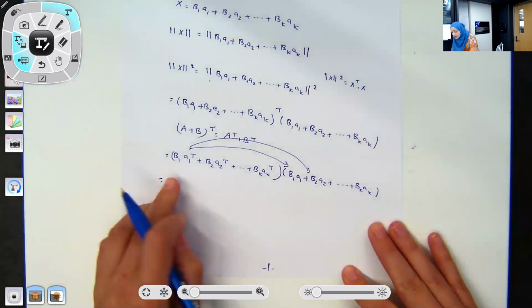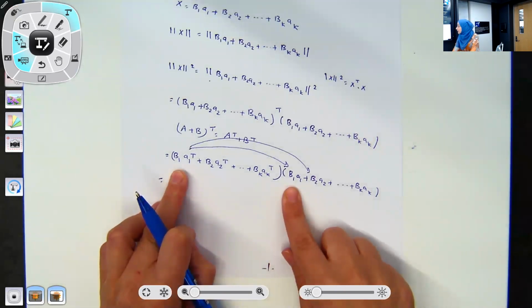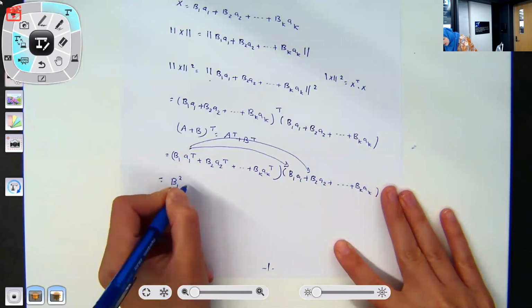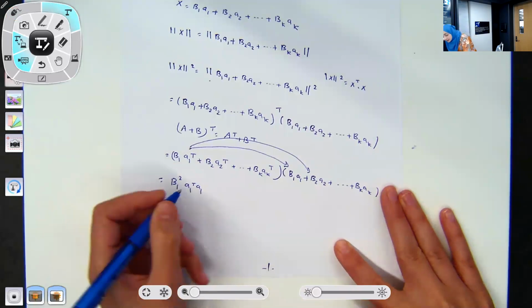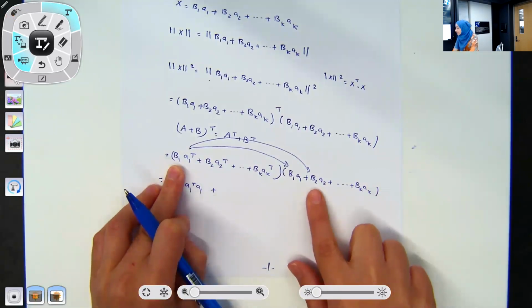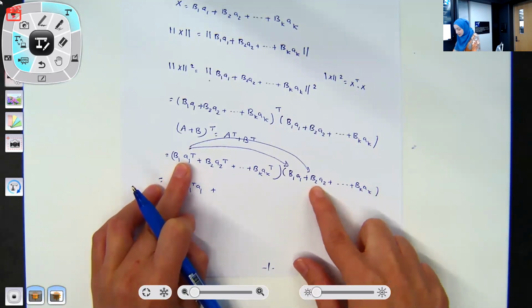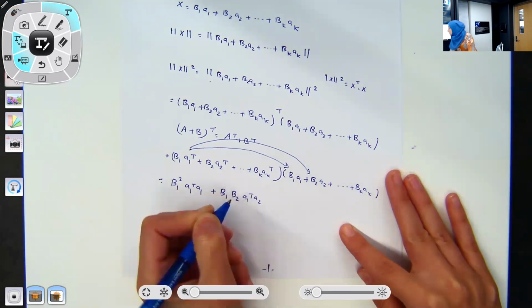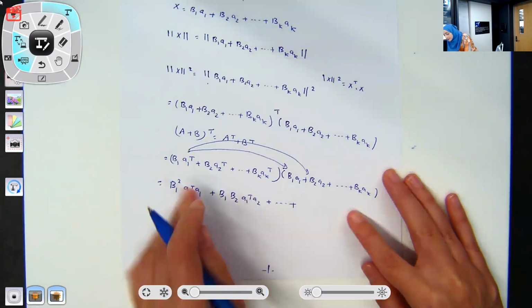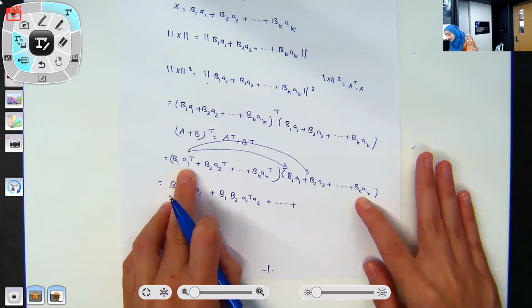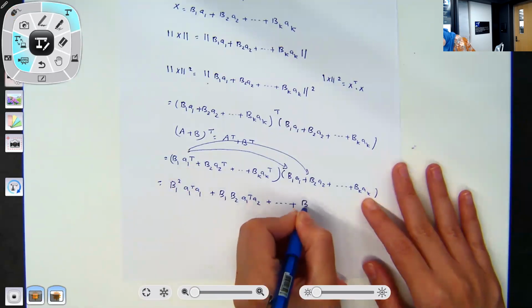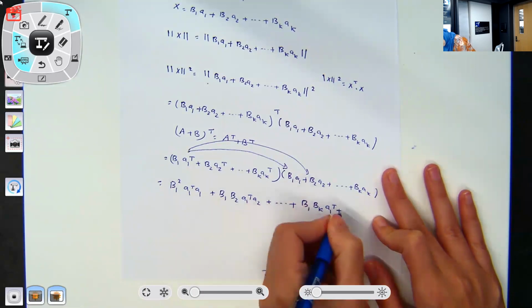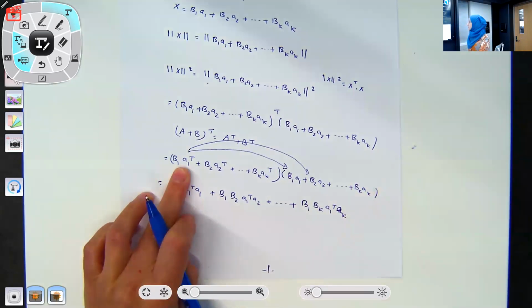So this equals B1 times B1, which gives us B1 squared, multiplied with A1 transpose times A1, plus B1 times B2 times A1 transpose times A2, plus up to B1 times BK multiplied with A1 transpose times AK. This is for the first term.